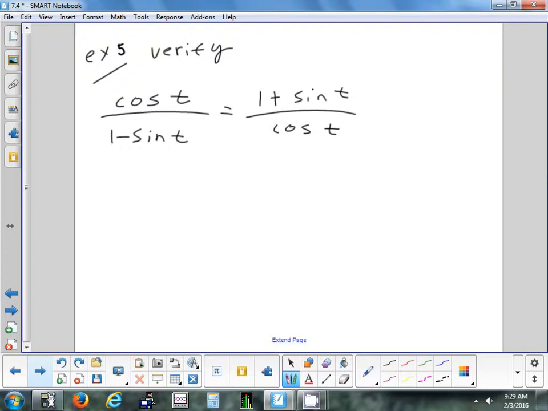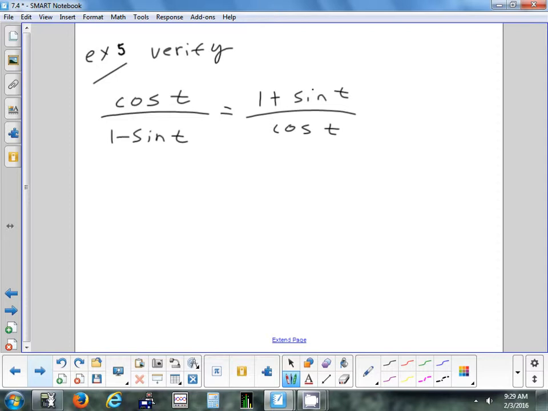Okay, so this one is another verify. My suggestion is to always start with the side that looks more complex. In this case, I would say both sides look about the same. They both have fractions. One of them is just a single trig function. The other one has 1 plus or minus something.